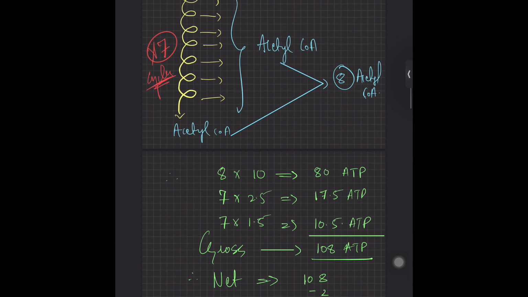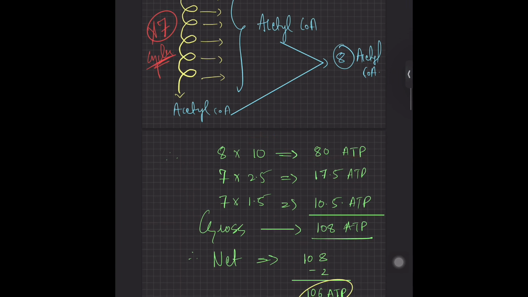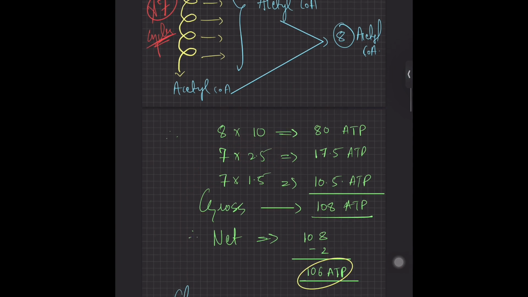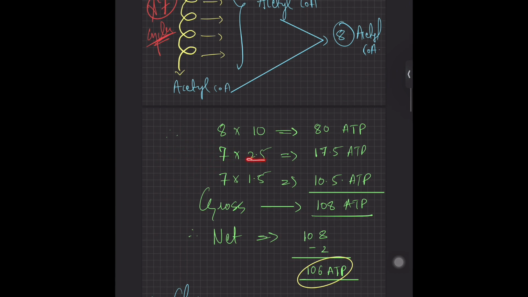So coming to the energetics, 8 acetyl CoA when entering a TCA cycle produces 80 ATP, and 7 into 2.5, since one NADH2 is produced per cycle. So there are 7 cycles occurring, and one NADH2 will yield 2.5 ATPs.